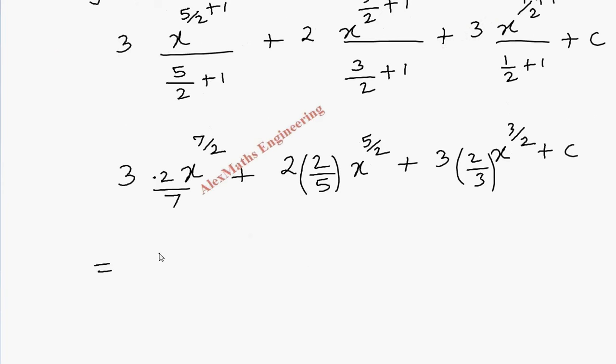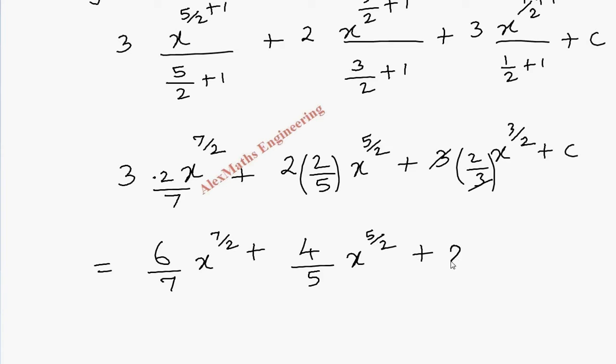So totally this is 6 by 7 x power 7 by 2 plus 4 by 5 x power 5 by 2 plus, you can cancel these two, 2 x power 3 by 2 plus c.